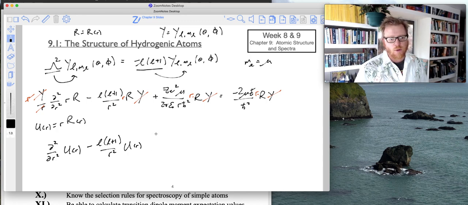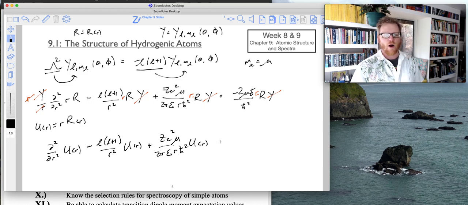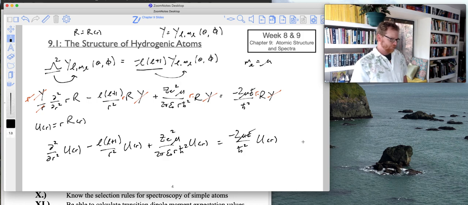And remember, we have eliminated y. And now that's going to be plus Z e squared mu over 2 pi epsilon r h bar squared, and once again, r times R gives me this new function u of r. And all of that equals negative 2 mu E over h bar squared times u of r.